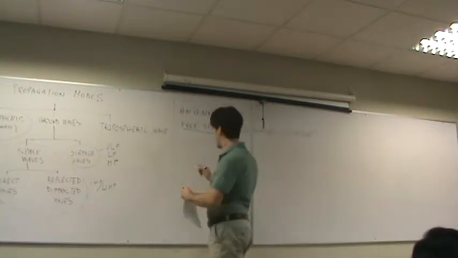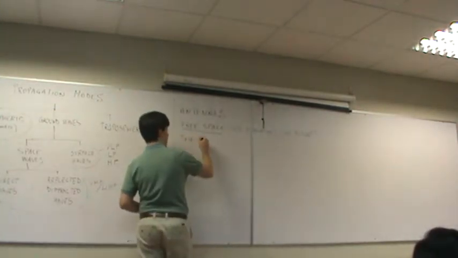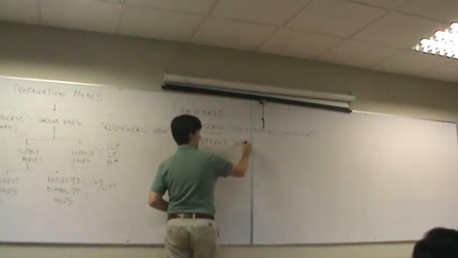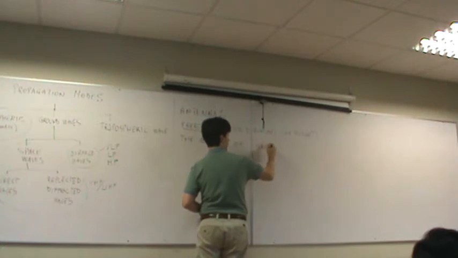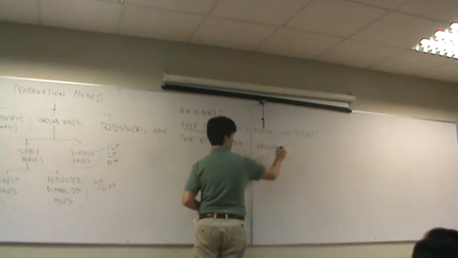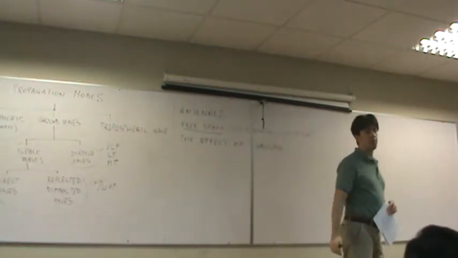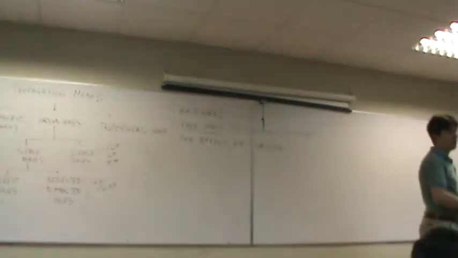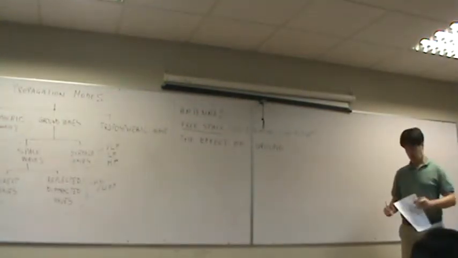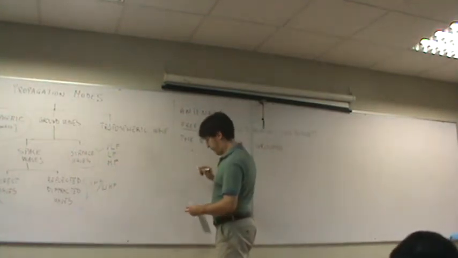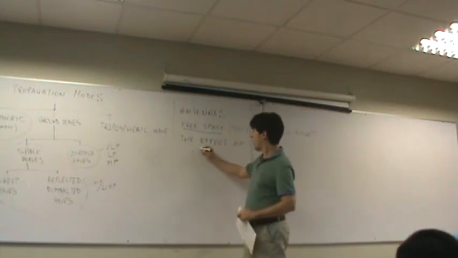So the next thing that we will see is the effect of ground. Ground means anything, including water, fresh water or sea water. Now, the effects of ground are different. We start looking at the reflection coefficient of the Earth.